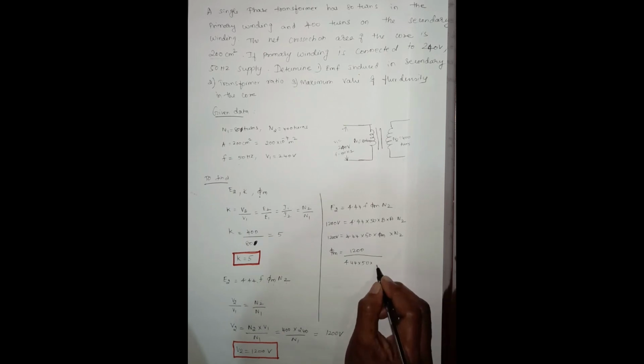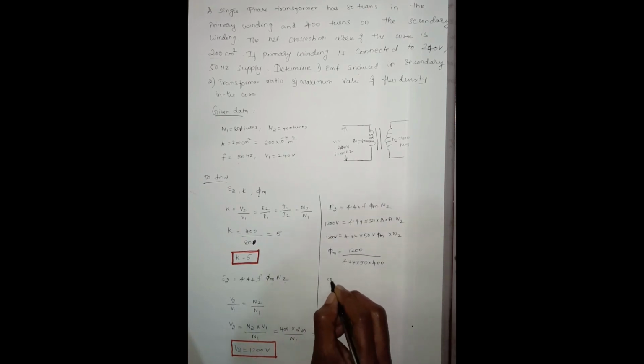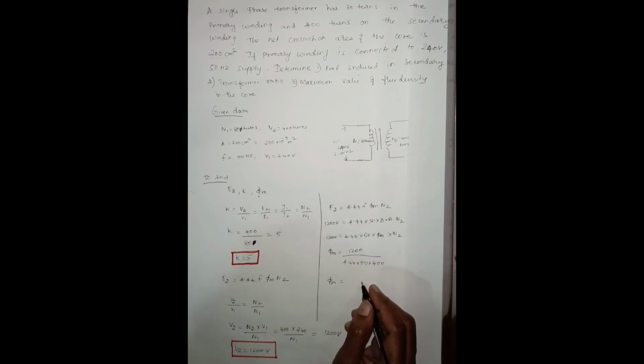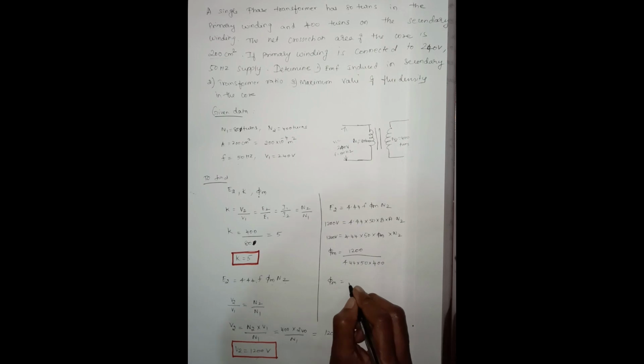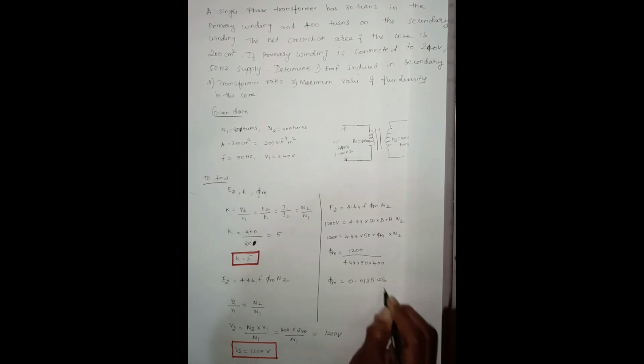N2 is 400. Therefore, from this you can find the value of phi m, in Weber. This is your flux.